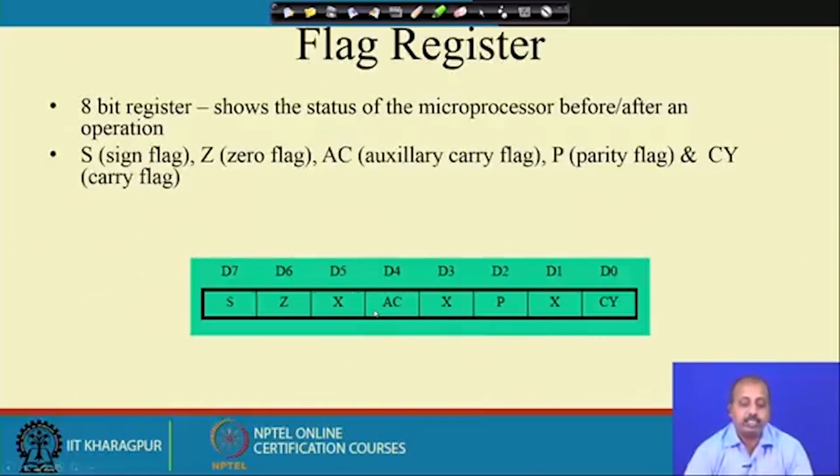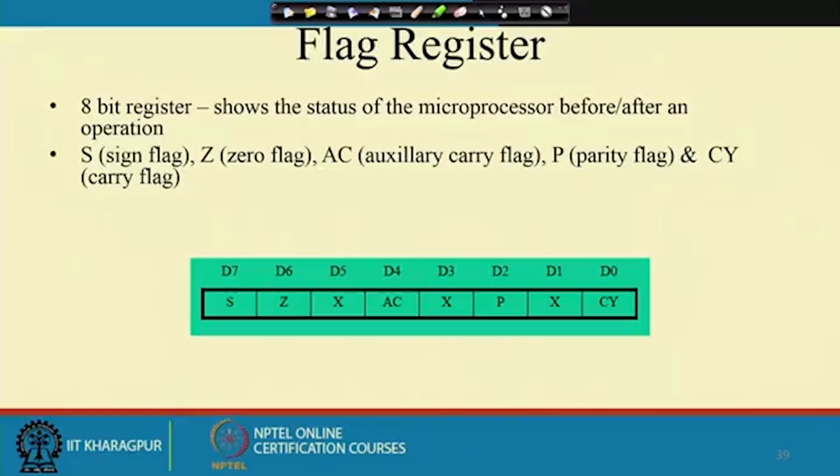Another special register is the flag register. While doing arithmetic logic operations, various exceptional situations can occur. For example, when I am storing a number, the number may be positive or negative. If the accumulator content is negative, there may be some decision that I need to take based on that situation.